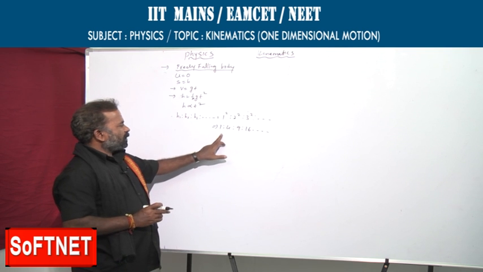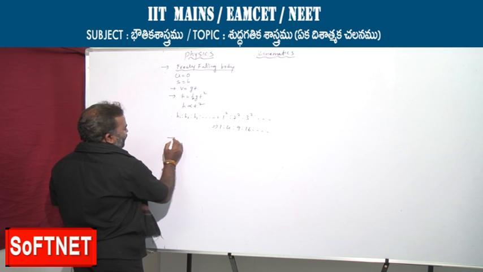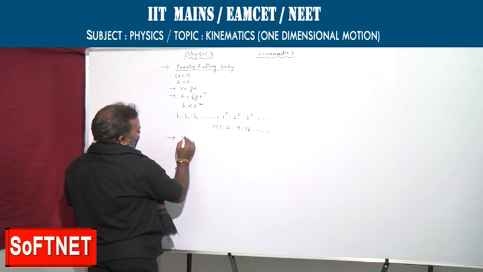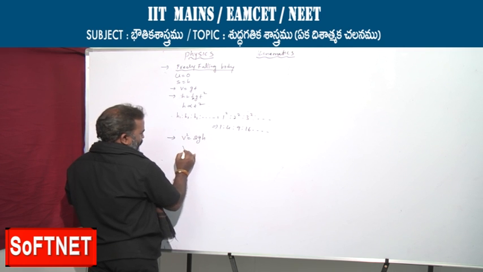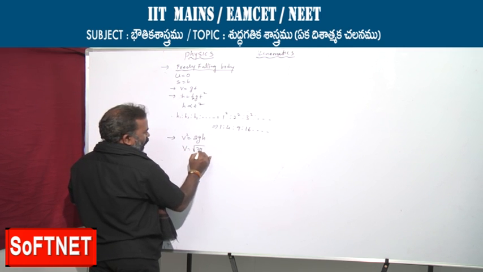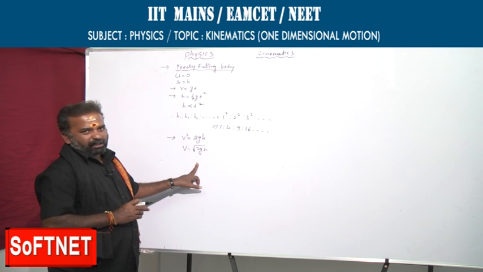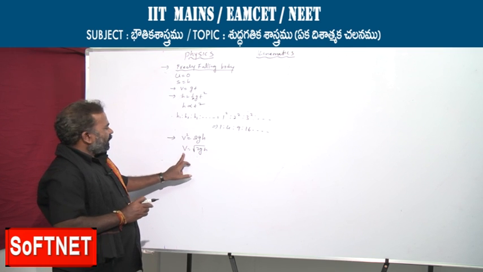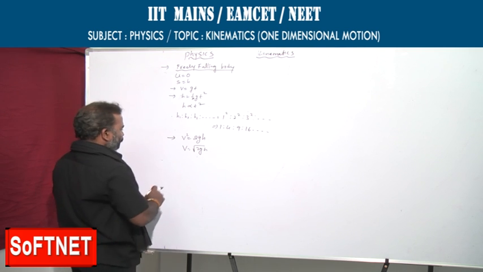Next, applying v square minus u square, v square is equal to 2as. A is g, height is h, so v is equal to root of 2gh. This is the final velocity on reaching the ground, after covering a height h.